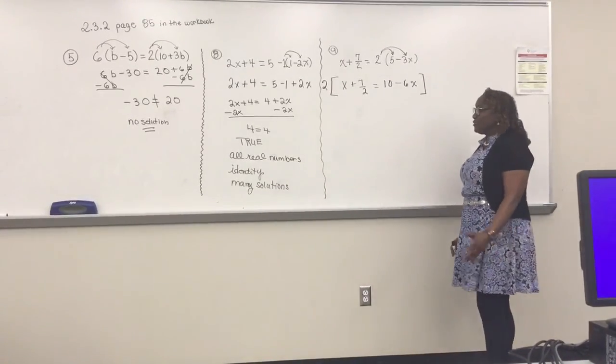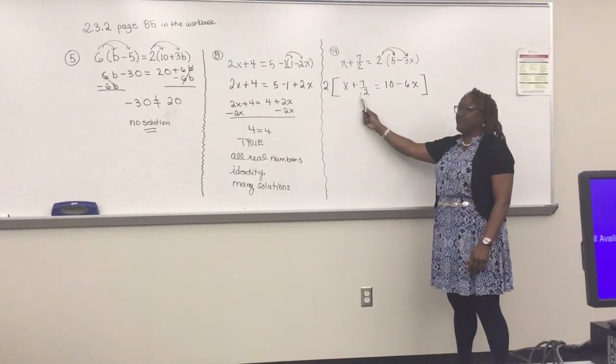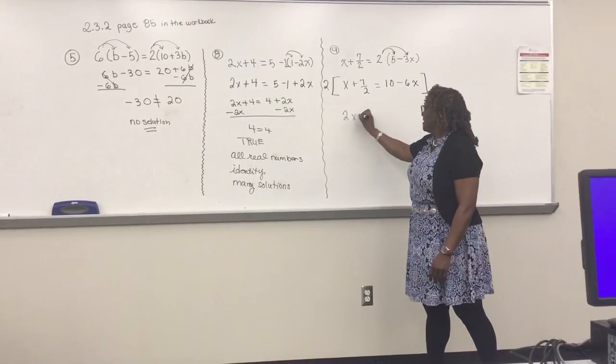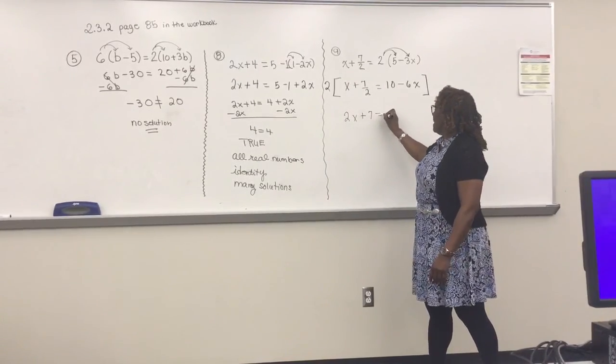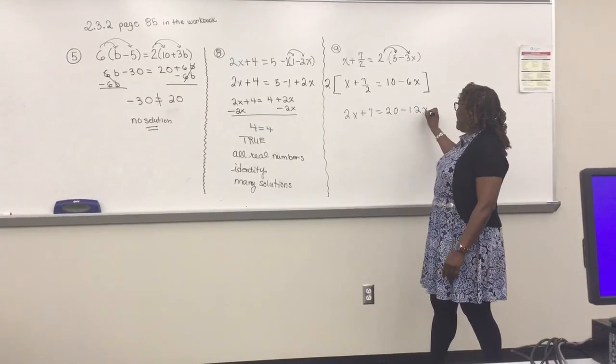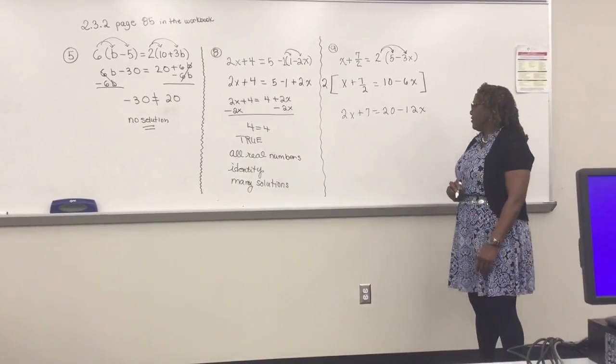So why are we using 2? The only reason why we're using 2 is just so we can have a whole number and get rid of that denominator. So this becomes 2x plus 7 equals 20 minus 12x. Again, multiplying everything by 2 just to get rid of this denominator here.